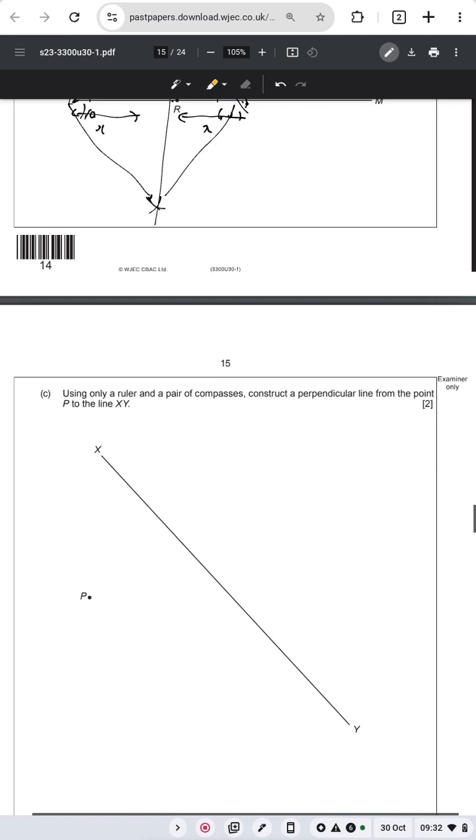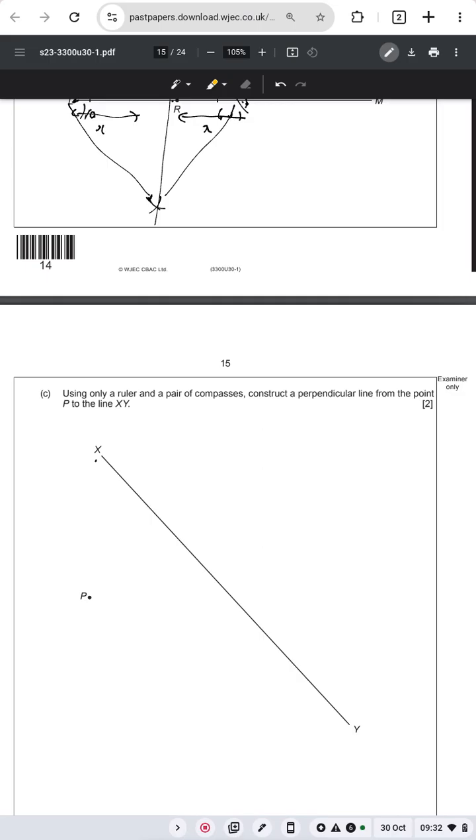Okay, again, using another one which we can't really do on this device. Using only a ruler and a pair of compasses, construct a perpendicular line from point P onto the graph. Okay, so same general principle.